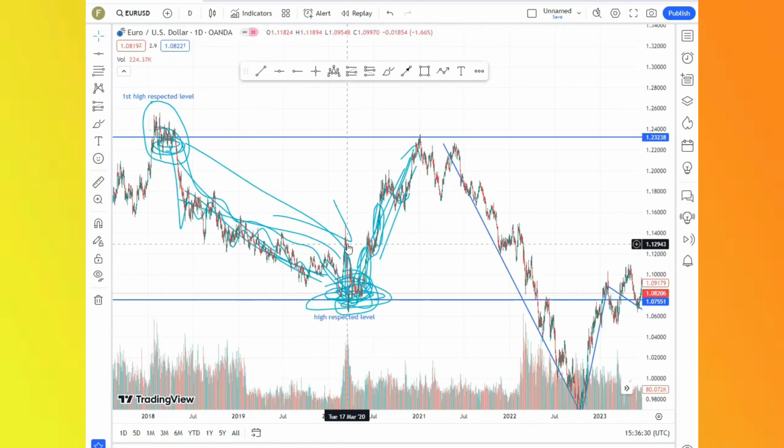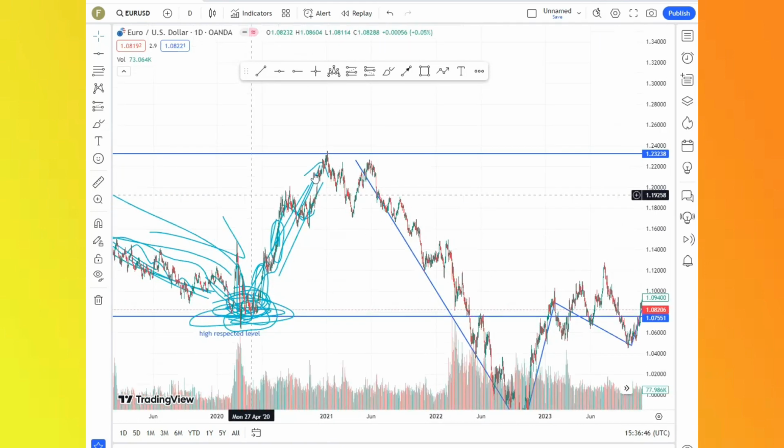We had a beautiful momentum to the upside before coming to the downside and actually testing this level here. And then that's when we also had our levels here before continuing to the upside.